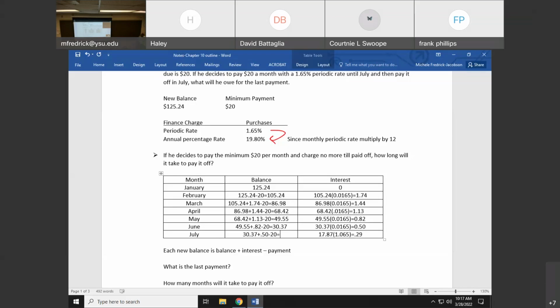Oh, 10.87. Which remains my interest. 18 cents.